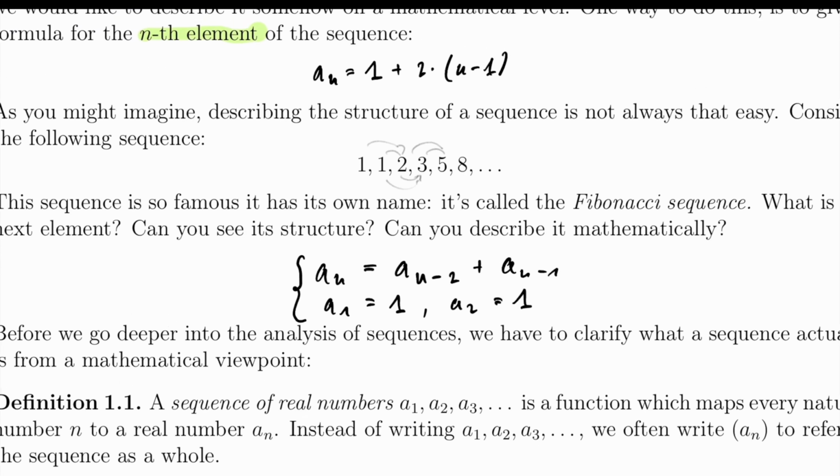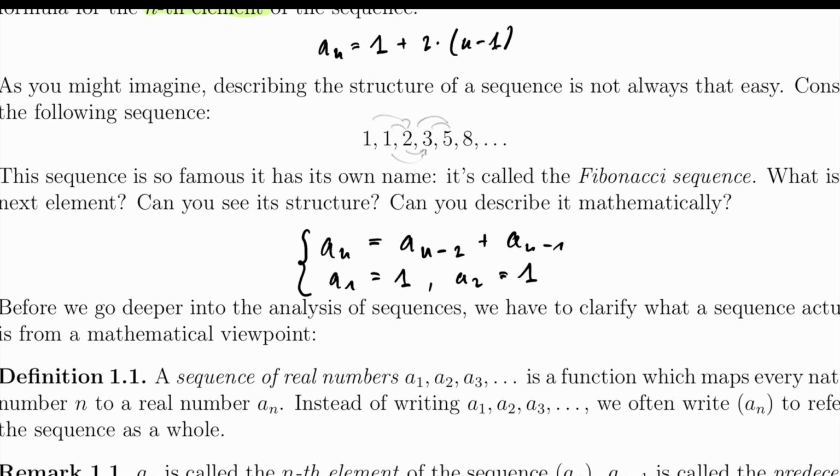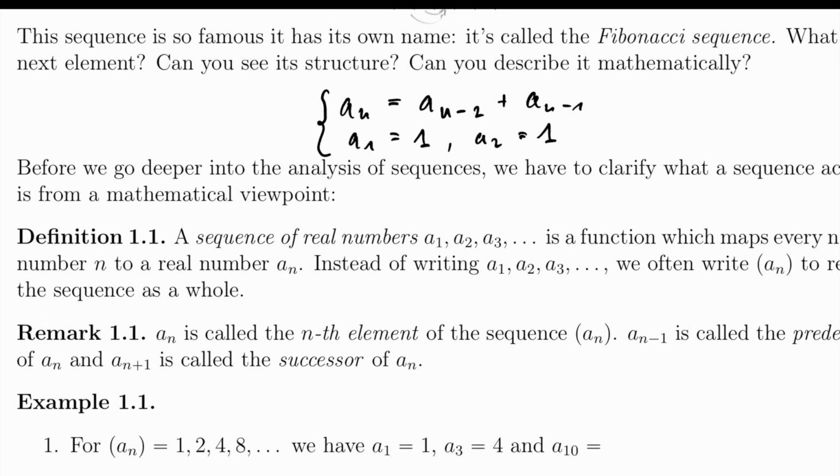This here is not the same type of description as this one here. Note the key difference here. We used a formula in just n to describe an, whereas here we used elements from before, an minus 1 and an minus 2, to describe the next element, an.